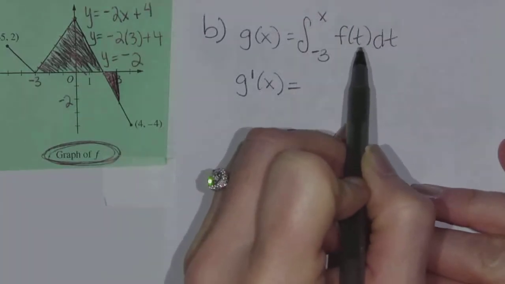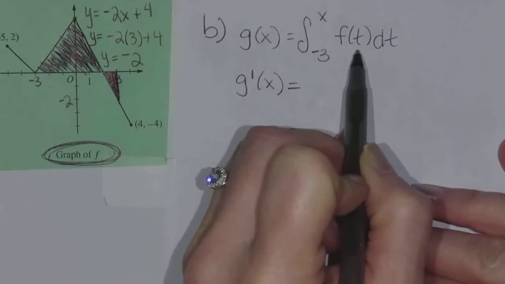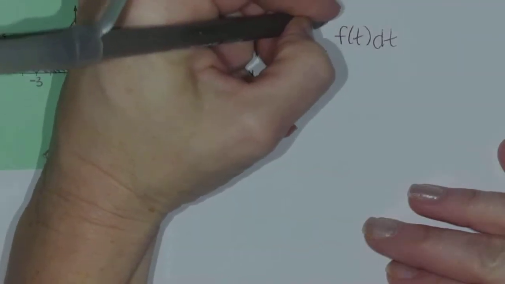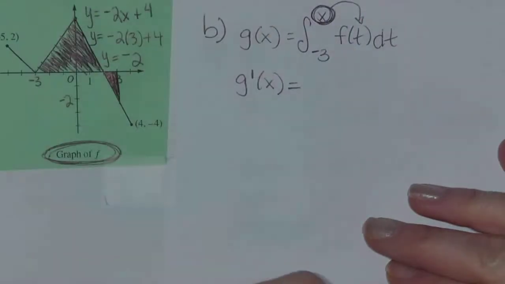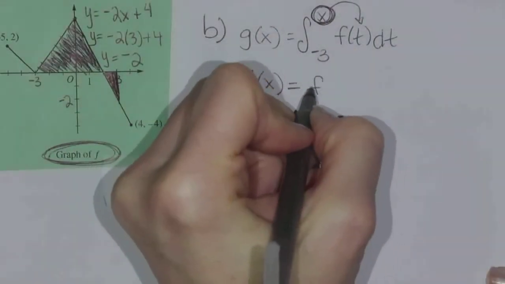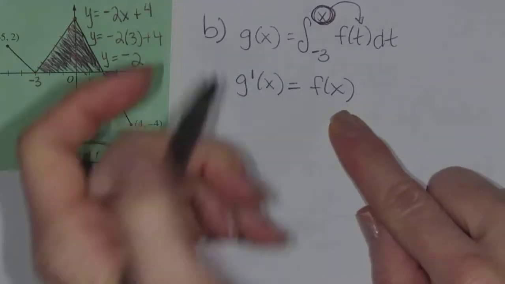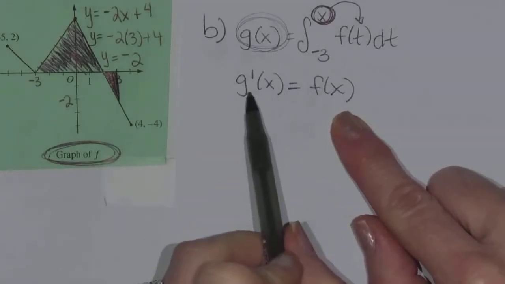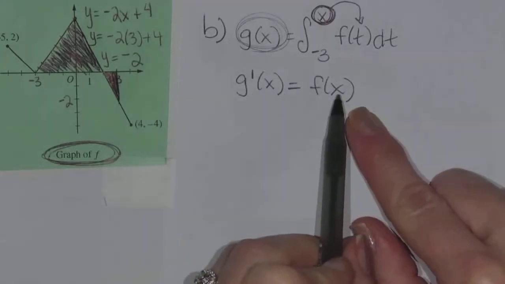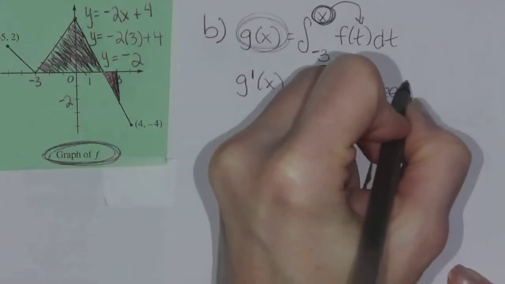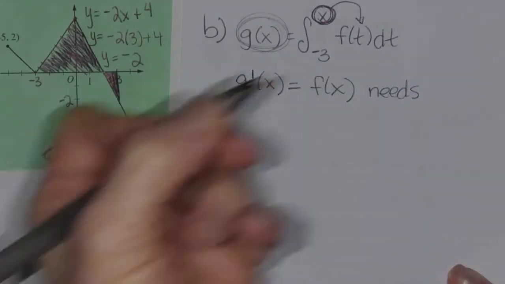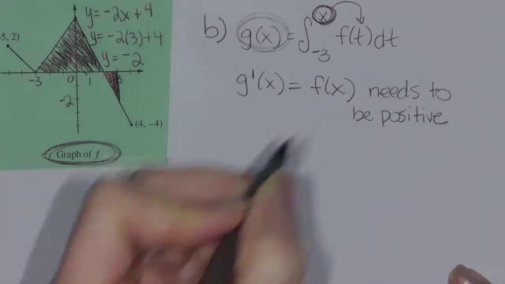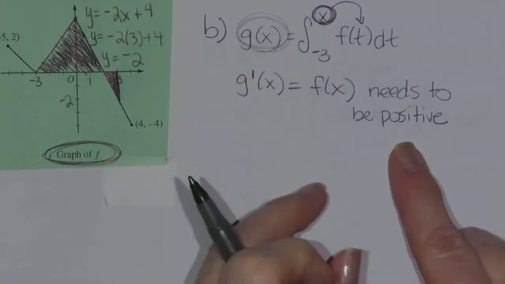And if I use part 2 of the fundamental theorem of calculus, I know that the shortcut to find a derivative of a definite integral asks me to take the upper bound x and put it here. So g prime of x is equal to f of x. So if I want to know where g is increasing, I want to know where g prime, which is f, is positive. So g prime of x, which is also equal to f of x, needs to be positive in order for g to be increasing.